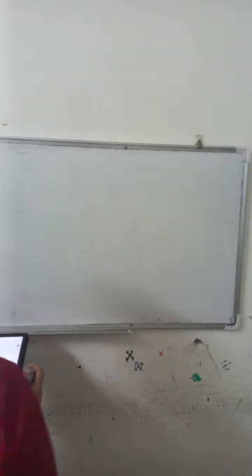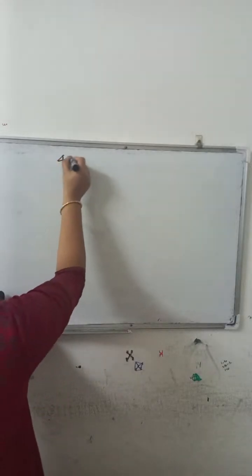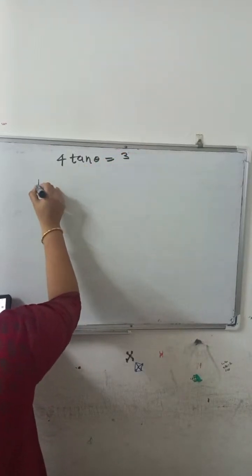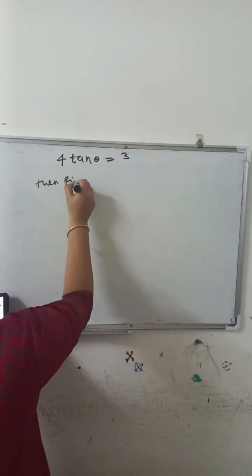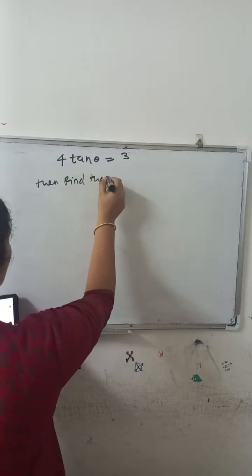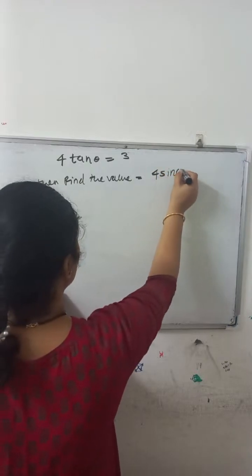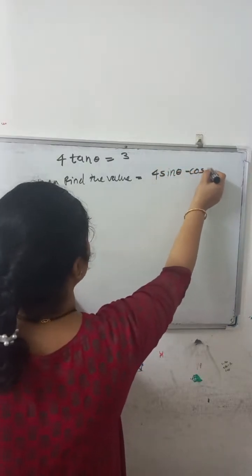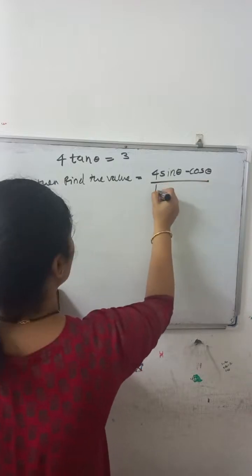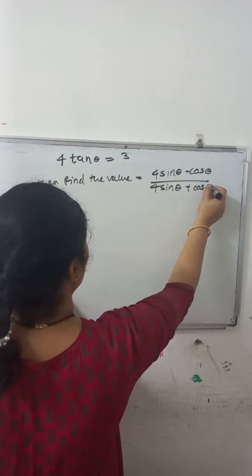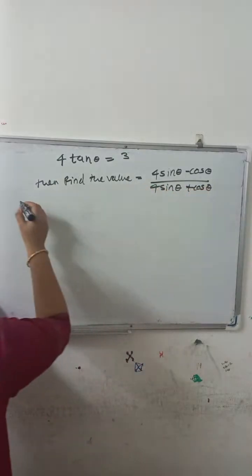So now the next question is that we have 4 tan theta is equal to 3. Then find the value of (4 sin theta minus cos theta) divided by (4 sin theta plus cos theta), which is equal to how much they are asking.